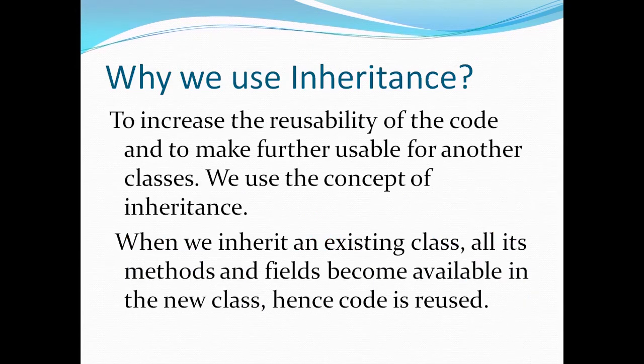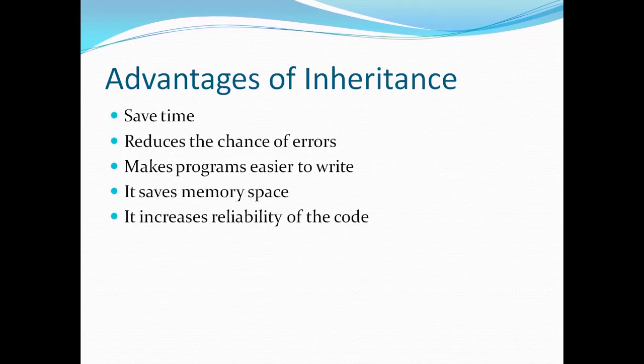Why do we use inheritance? To increase the reusability of the code and to make it usable for other classes. When we inherit an existing class, all of its methods and fields become available in the new class. Hence, code is reused. The advantages of inheritance: it saves time, reduces the chance of error, makes programs easier to write, saves memory space, and increases the reliability of the code.